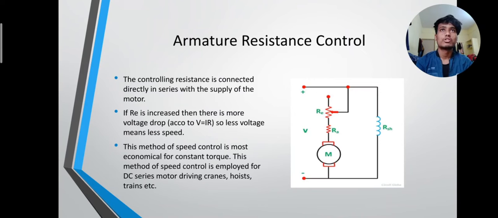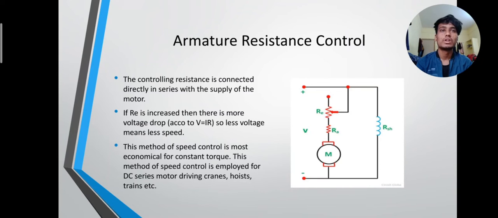For controlling the speed of a DC motor, we need to decrease the voltage, which causes a reduction in the speed of the motor, so the speed is related to the current and the resistance in the circuit. By definition, the variation of resistance in the armature circuit is called the armature resistance control method. In this method, a variable series resistance RE is put into the armature circuit, and the figure shows the connection for the DC shunt motor.